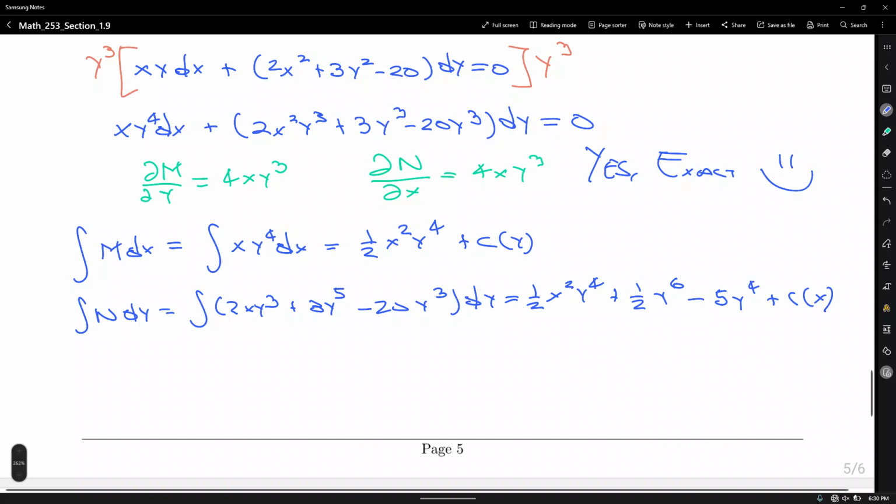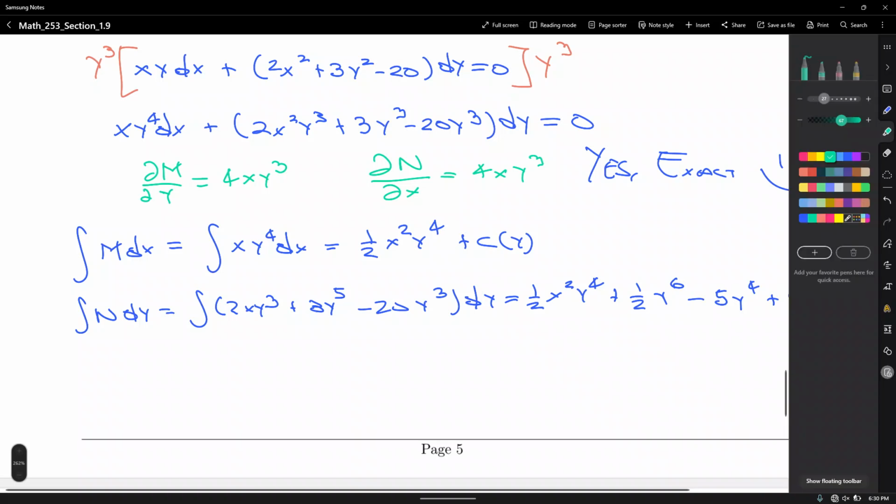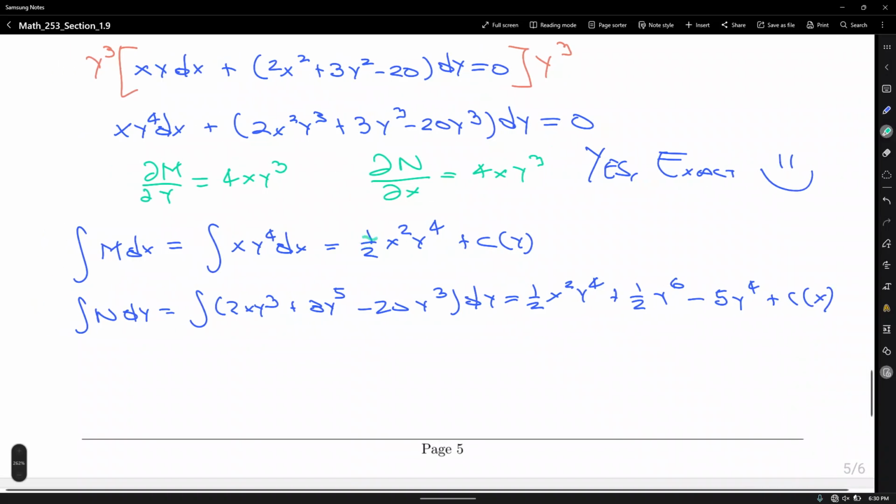All right, let's form our solution. Let's highlight every single different term. What about 1/2 x squared y to the 4? Do you see another one of those? Yeah, there's one right here in the second integration.